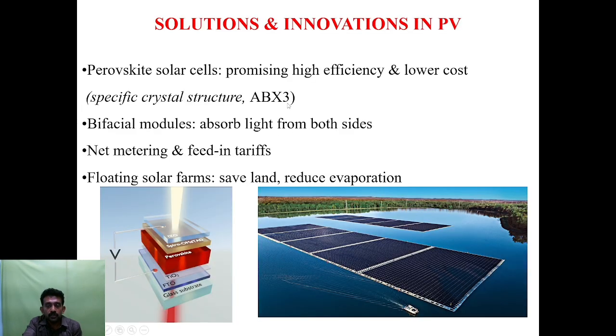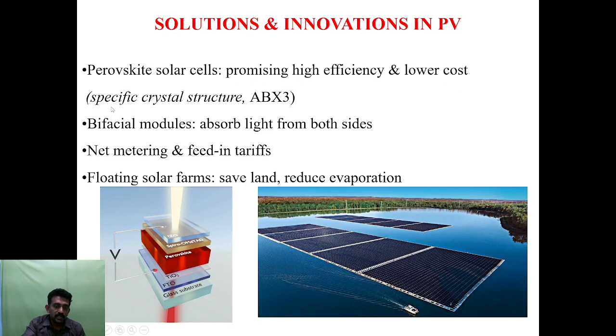And next, coming to the solutions and innovations. In the previous slide, we saw the various challenges regarding PV, and the solution that scientists have now reached is perovskite solar cells, which have higher efficiency and lower cost.